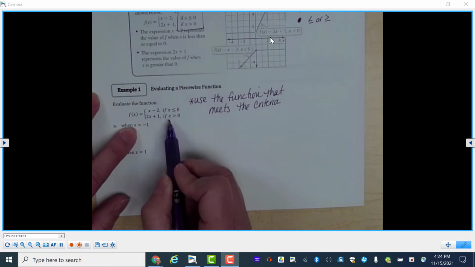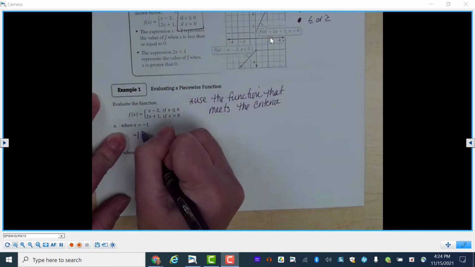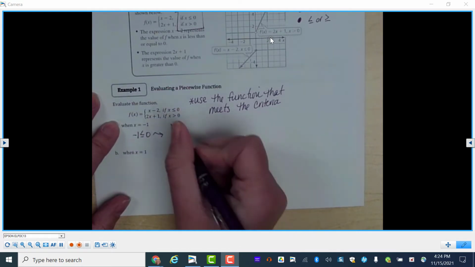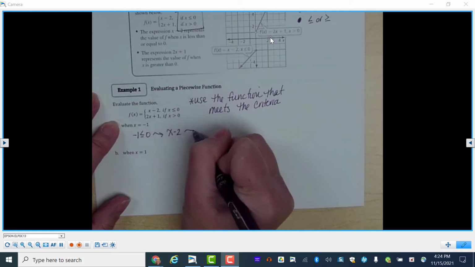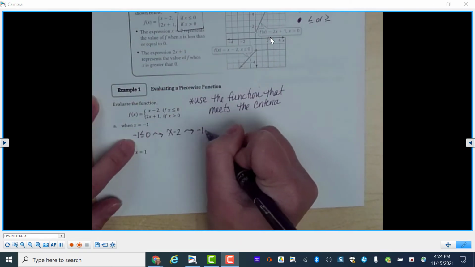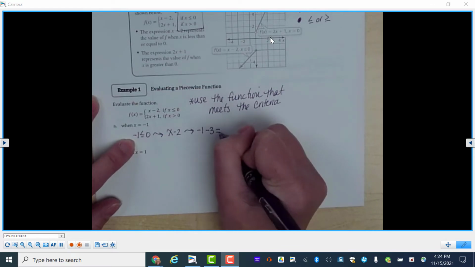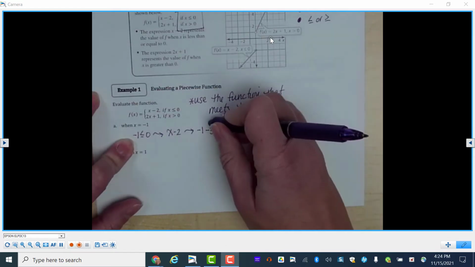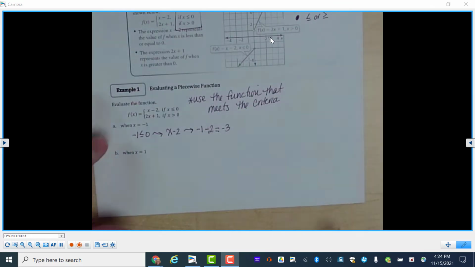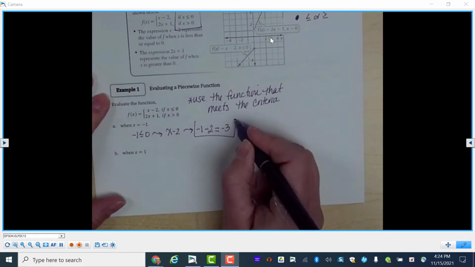So which one does it work for? Well, let's see. -1 is less than or equal to 0, which means we're going to use x minus 2. So we should have -1 minus 2. So that, therefore, gives me -3. I was jumping ahead a little bit there.